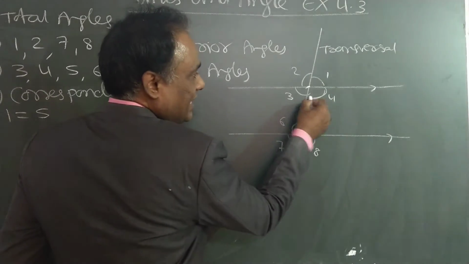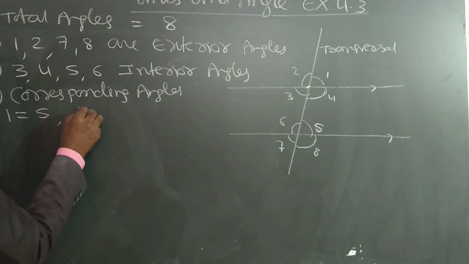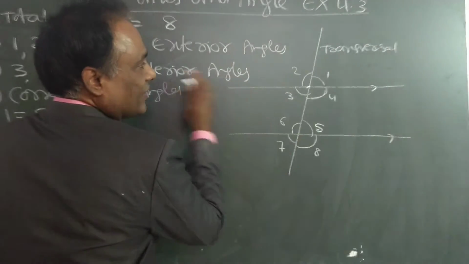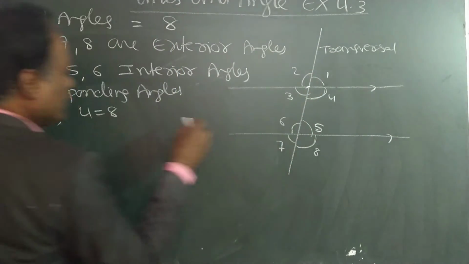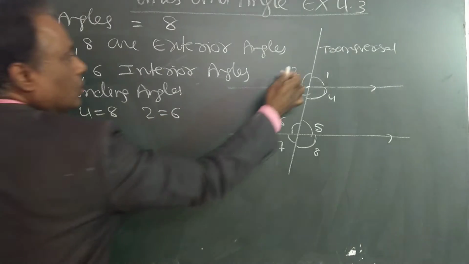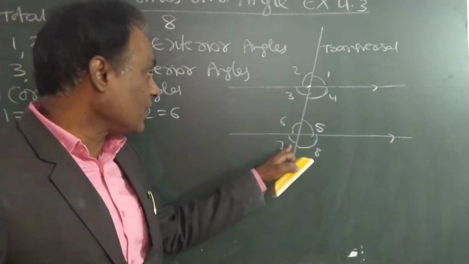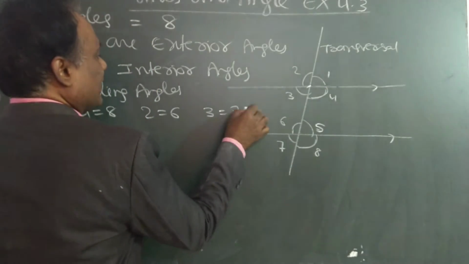Similarly, one interior, one exterior: 4 is equal to 8. This side also, same side of the transversal, one exterior, one interior: 2 is equal to 6. And one interior, one exterior: 3 is equal to 7.